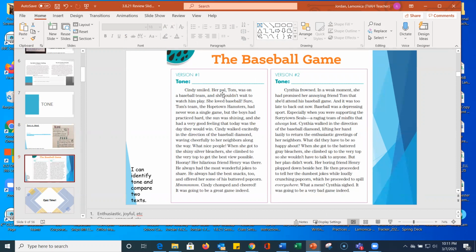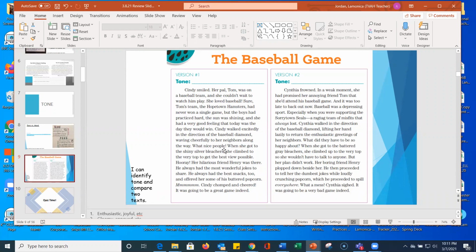Cindy smiled. Her pal Tom was on a baseball team, and she couldn't wait to watch him play. She loved baseball. Sure, Tom's team, the Hopetown Hamsters, had never won a single game, but the boys had practiced hard and the sun was shining, and she had a very good feeling that day was the day they would win. Cindy walked excitedly in the direction of the baseball diamond, waving cheerfully to her neighbors along the way.